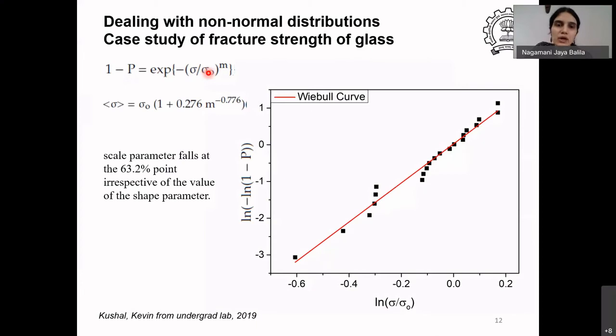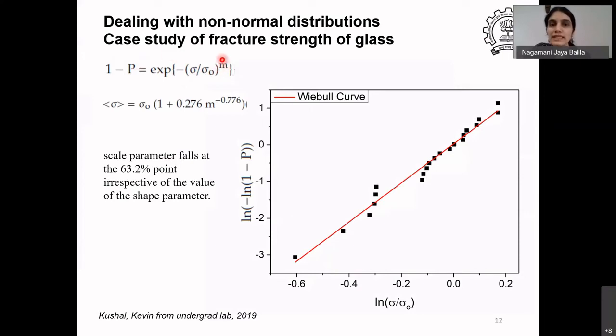And so how do you plot this? How would you plot when you have the probability of failure, and let's say you already also calculated the sigma by sigma naught? How would you plot this curve, given that we have looked at something like this yesterday? Let's say my intention is to get the slope of this whole curve.